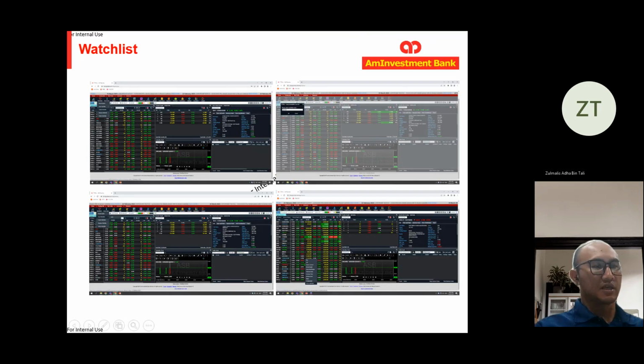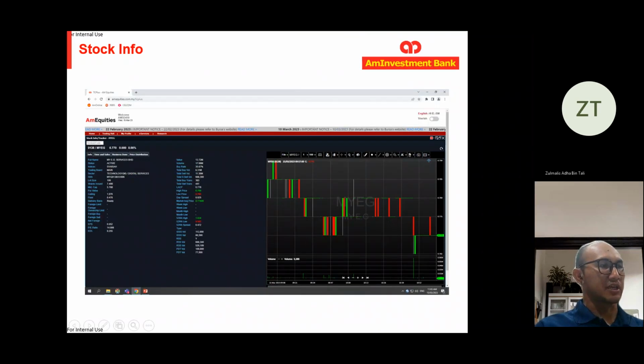And then the next one is stock info. If you right click any stock on the code screen, you should see some stock information. What is the counter? What is the main business of the company? What is the high of the day? The 52-week high.